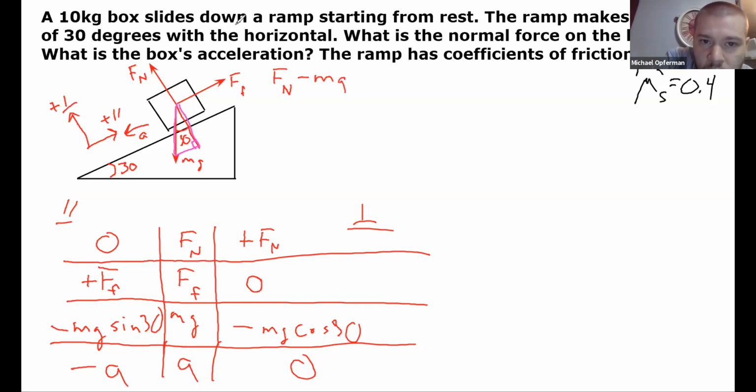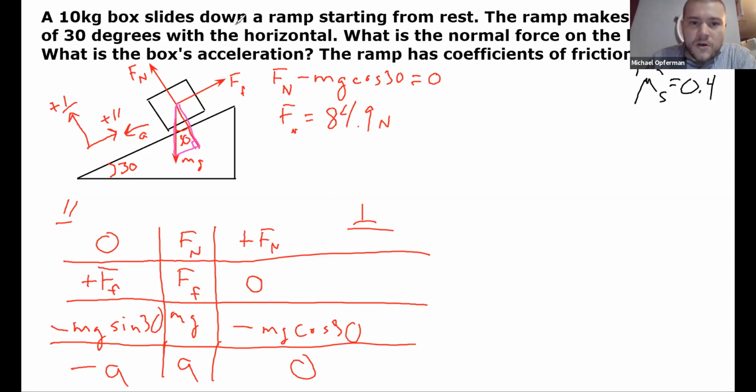We're going to get normal force minus mg cosine 30 equals 0, which gives me normal force equals mg cosine 30, which I can actually plug in. It's 10 times 9.8 times cosine 30 equals 84.9 Newton.